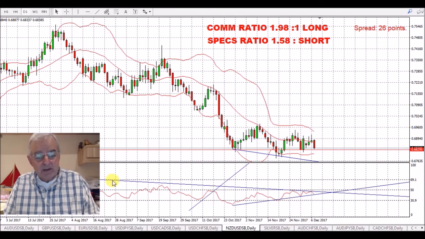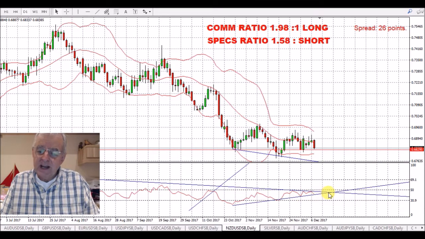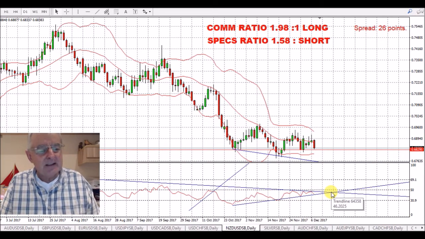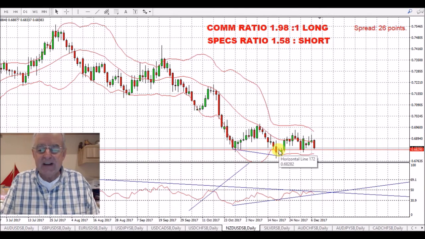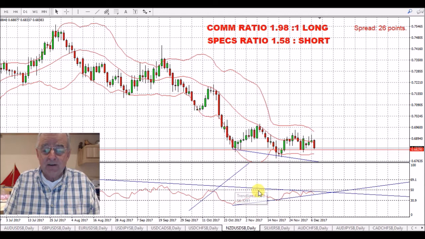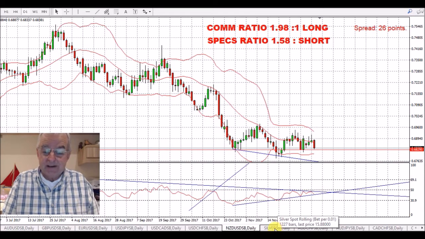But if we put our lines in here and we make a triangle, we actually cross over in the southern side of the RSI. So I'm thinking this is going to break down, but I just don't feel confident in trading it. So the commercials are telling me it's going to go long, but you know, I'm keeping out of it.